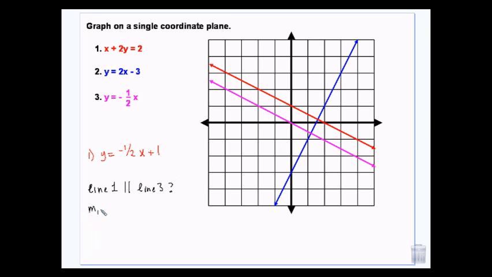I'm going to put a little 1 on it. And the slope of line 3 is -1/2. -1/2, -1/2. These two things are equal. So since the slopes are equal, they are parallel.